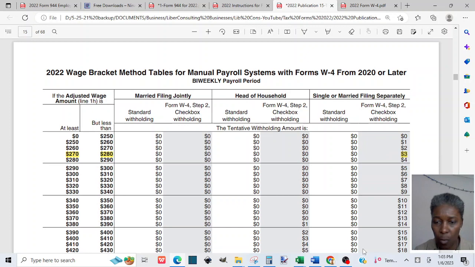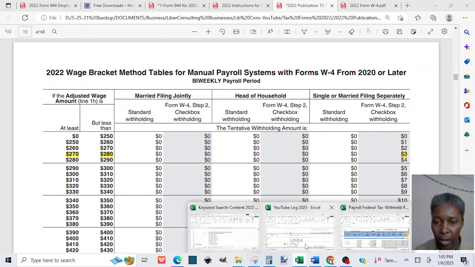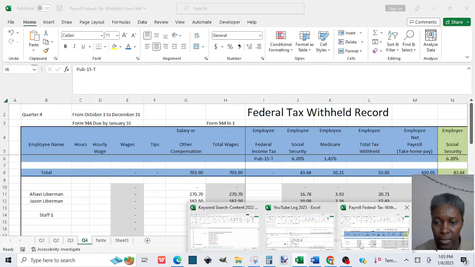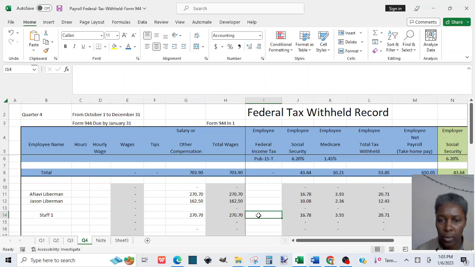It's just an example that I'm working with. So that $3, for instance, will go on the federal employment tax section here.